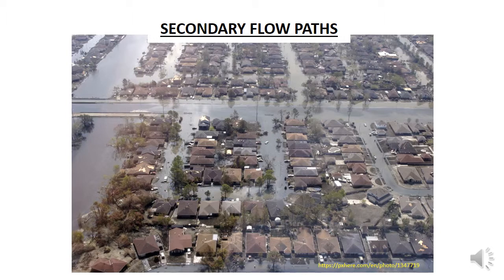However, there are storms that drop more rainfall than the primary stormwater system can handle. The stormwater cannot drain to the primary stormwater system, or the stormwater pipes cannot transport the water fast enough and surface flooding occurs. The flow paths that the floodwater takes to the natural water system is called the secondary flow path.